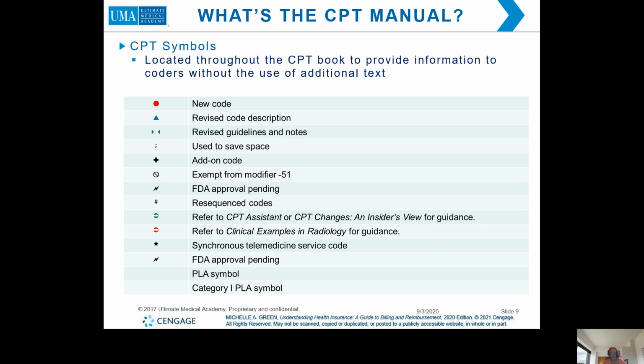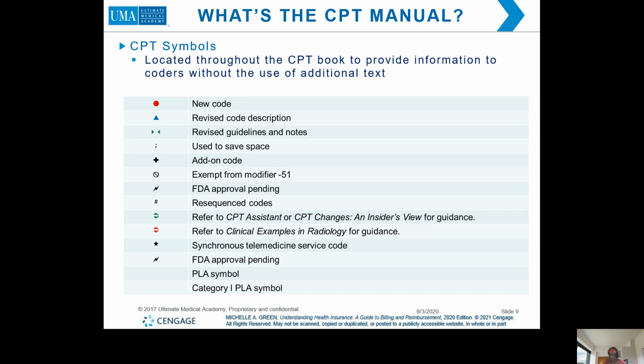There's also symbols in the CPT manual, and each symbol has a specific meaning. The symbols will be at the bottom of each page of your CPT, the definitions, and then next to your code, you'll see one of these particular symbols. You'll get to know what they mean. The red circle, you know that's a new code.